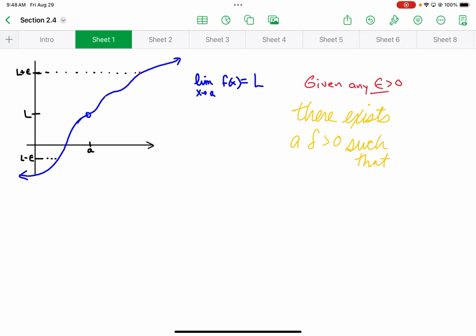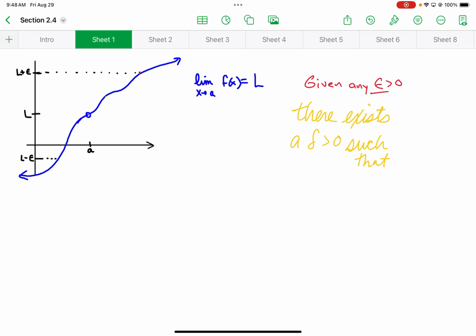When our limit existed, it was close to some specific value, which we would call L, our limit. But mathematicians don't like that as an explanation. They wanted a more precise mathematical definition of when a limit exists. So we're going to build that notion of how we determine a limit to exist.